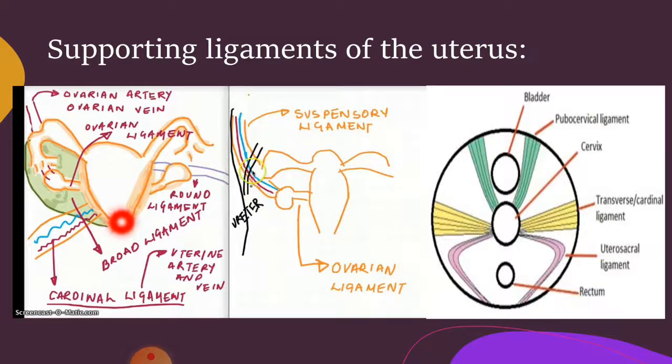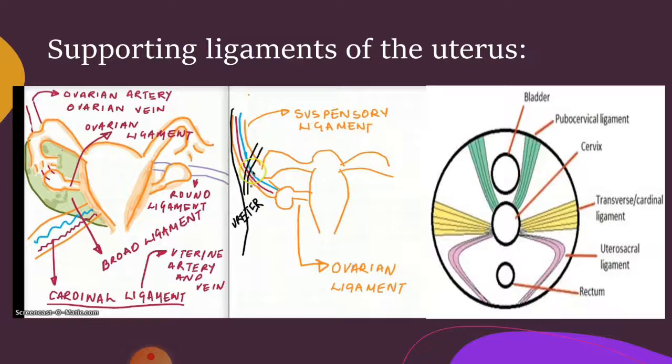First of all, let me tell you about the structures that you can appreciate. This is the uterus. These are the ovaries on each side, and these are the uterine tubes. So this broad ligament will cover this upper part of the uterine tube as well, which is not drawn in this figure, but remember that this broad ligament will cover this upper free border as well.